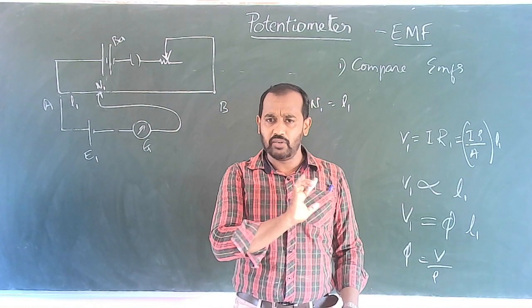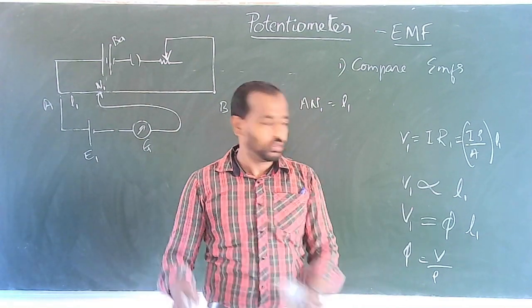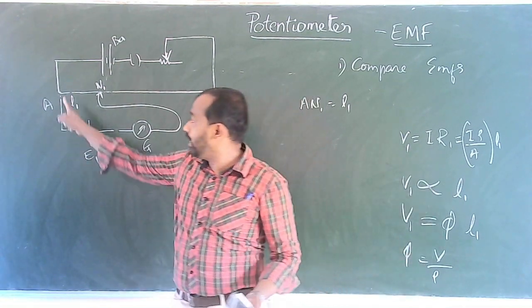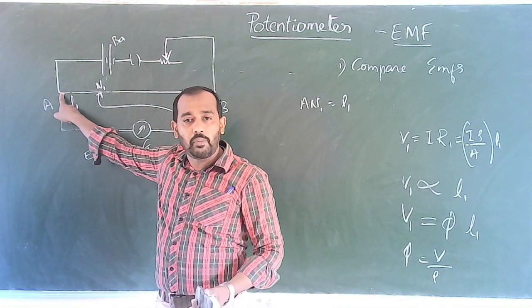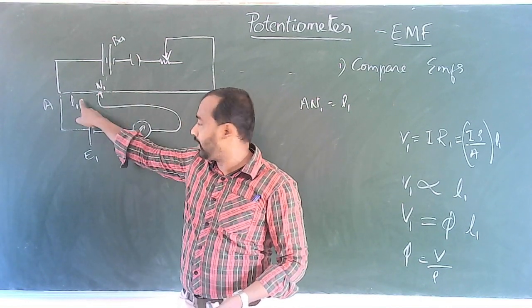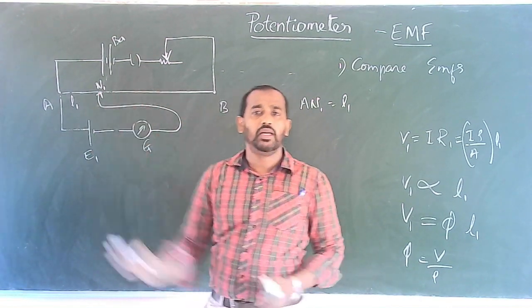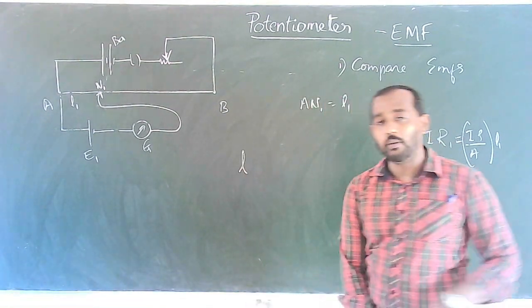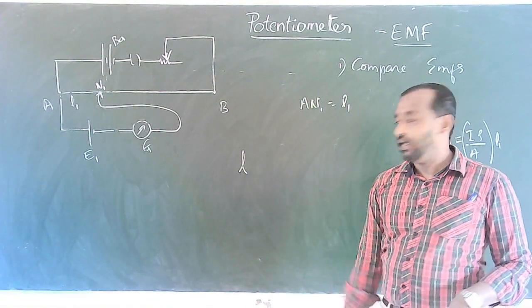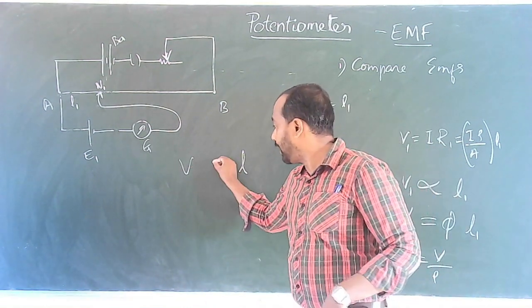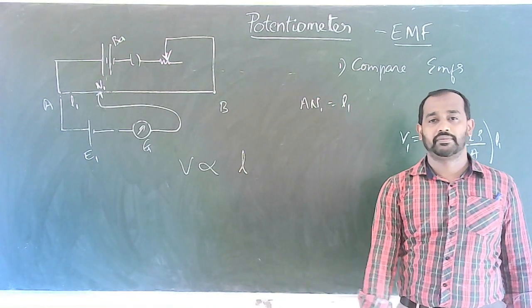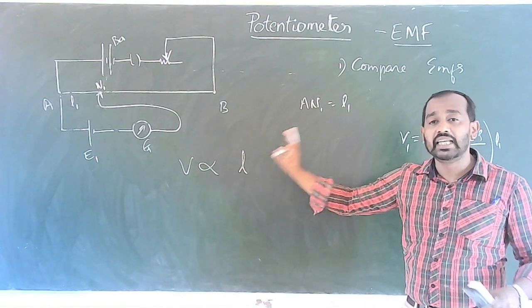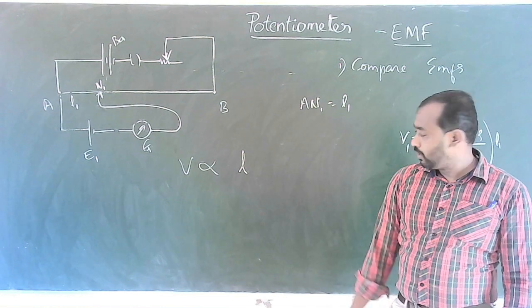In examination, we do not need to write this, but all we need is that the potential drop over a particular length, say L1, or just for generalizing, the potential drop V over a length L should be directly proportional to the balancing length of the potentiometer wire, not the entire wire.